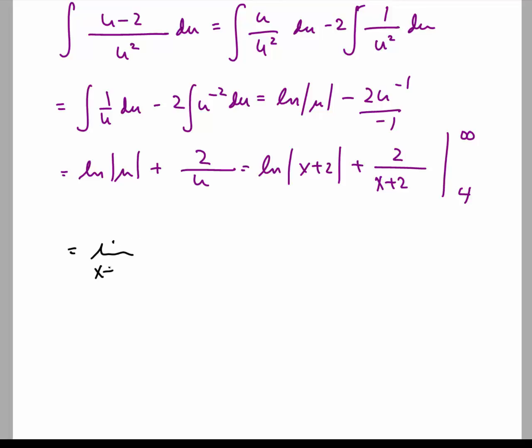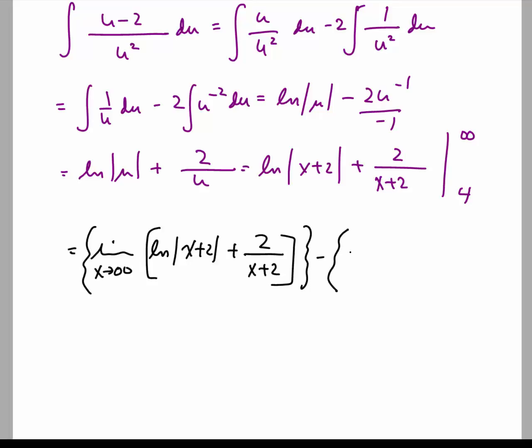The limit as x approaches infinity of the natural log of the absolute value of x plus 2, plus 2 over x plus 2. So I'm taking the limit of this entire expression. So that's my upper. And then let's plug in my lower. Natural log of 2 plus 2, plus 2 over 2 plus 2. So my upper and my lower there.